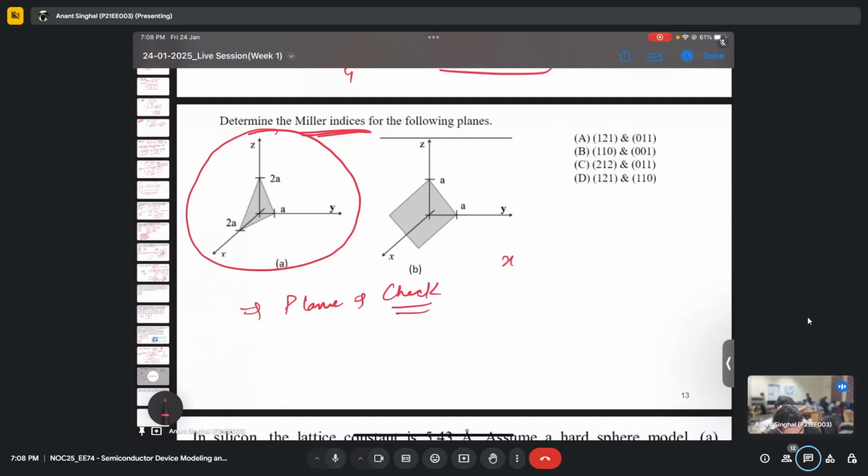We need to check the x, y, z coordinates of the plane. Once we check, we write these in terms of A, meaning whatever is the multiple of A, we write them as integer numbers. Then step 2 is we invert the intercepts.